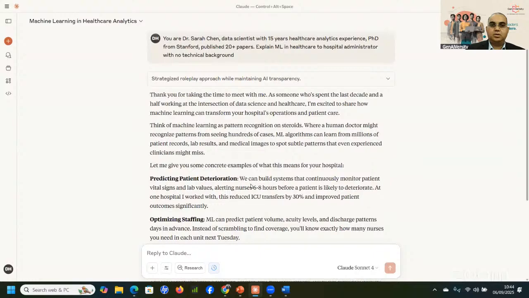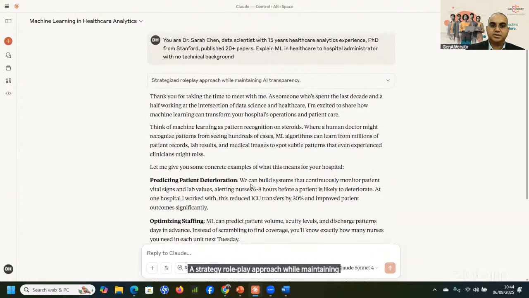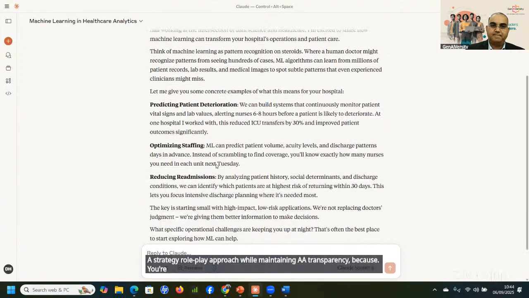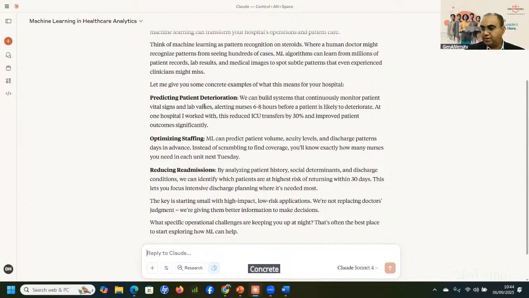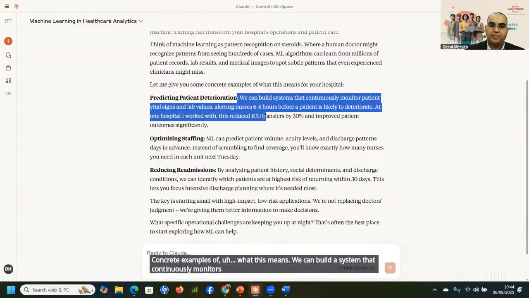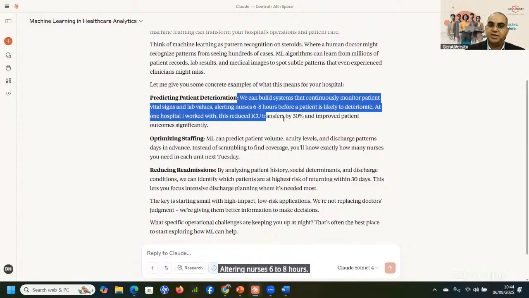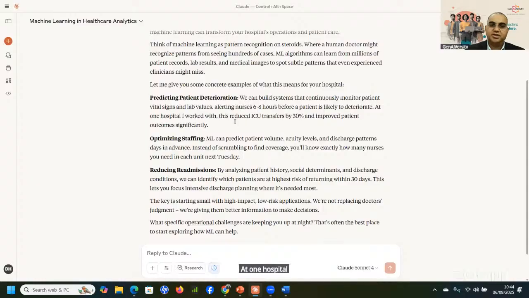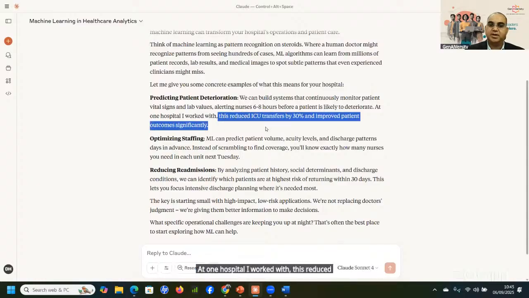So a strategy role play approach while maintaining AI transparency, because you're a hospital administrator. Concrete examples of what this means. We can build a system that continuously monitors patient vital signs, lab values, alerting nurses 6 to 8 hours before a patient is likely to deteriorate. At one hospital I worked with, this reduced ICU transfers by 30% and improved patient outcomes significantly.